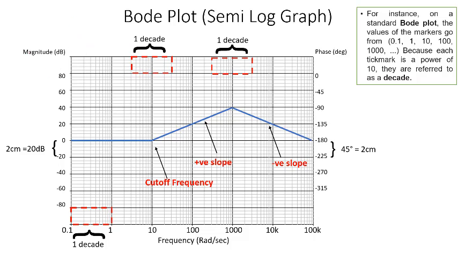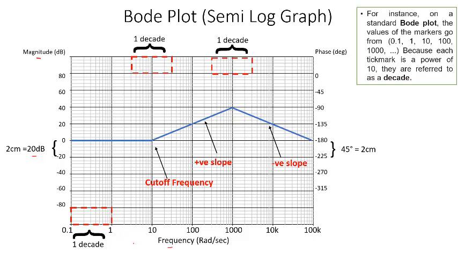Firstly, to plot the Bode plot on the semi-log graph paper, you need to justify the axis. The x-axis is used to represent the frequency and the y-axis is used to represent the magnitude. For the scale of the semi-log graph, for each 2 cm, its mass is equal to 20 dB, which is 1 box of this semi-log.